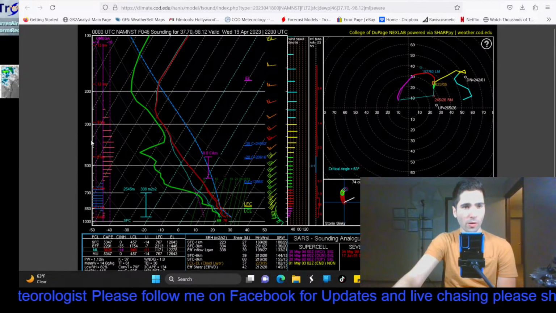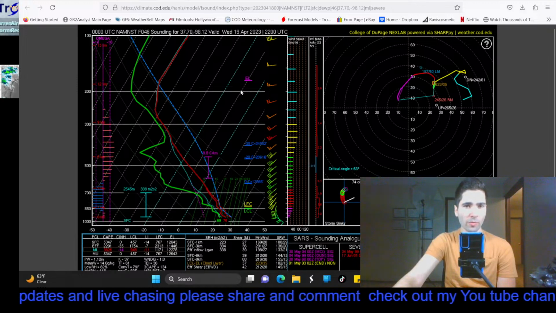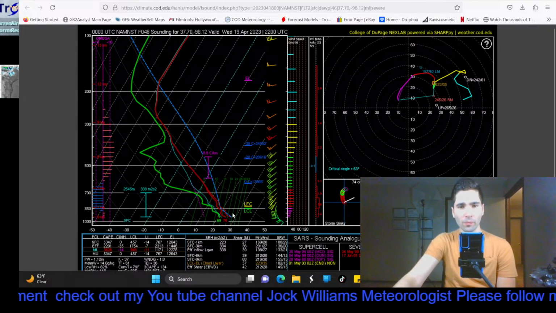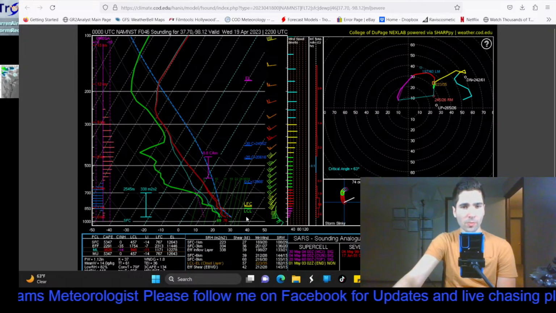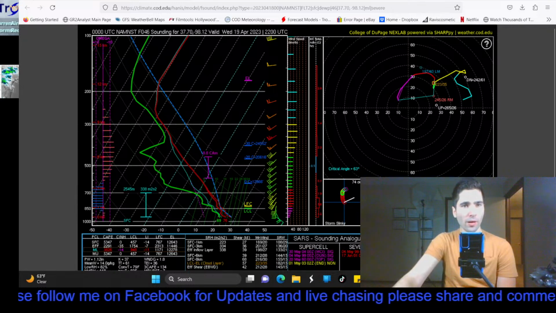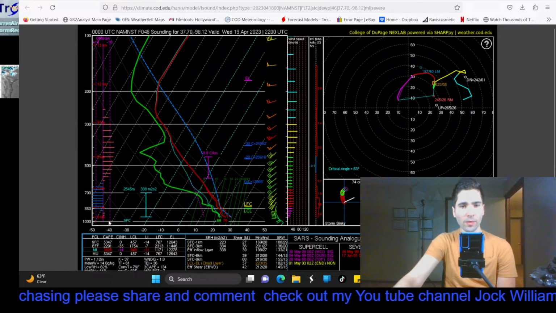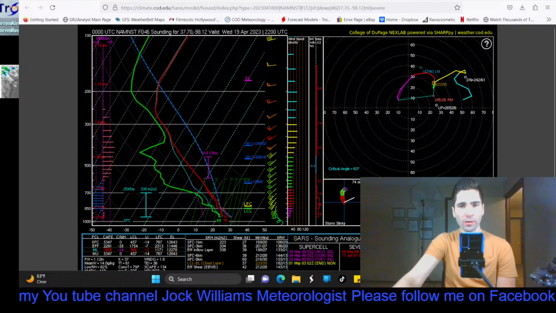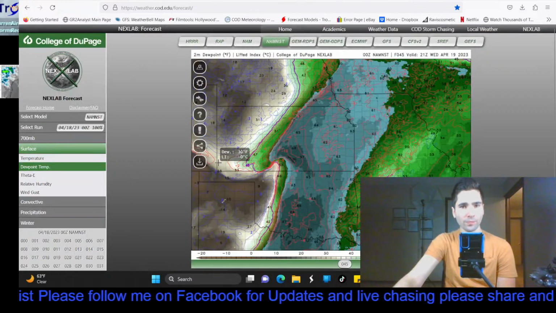Between about 450 millibars and 200 millibars, decent wind profiles with some good backing as well. LFC, LCL is pretty close together. Pretty decent sounding. This is for the Wichita, Kansas area. The sounding looks very good. This is the atmospheric sounding.